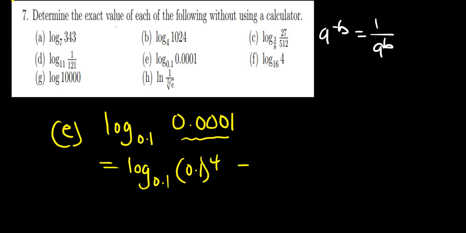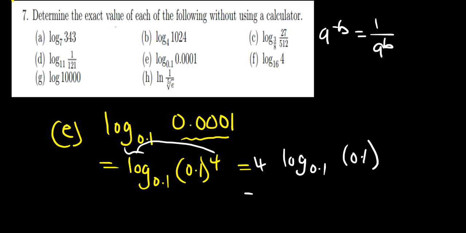So this is equal to, we can drop the power in front, so it will just be 4 multiplied by log base 0.1 of 0.1. Log base 0.1 of 0.1 is just 1, so this will be 4 multiplied by 1, which is 4. So 4 is the final answer there.